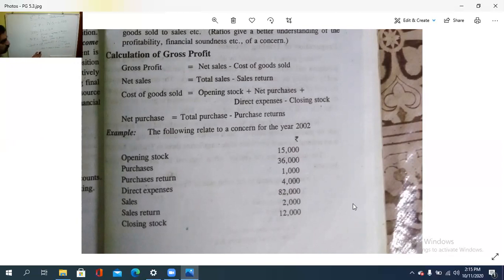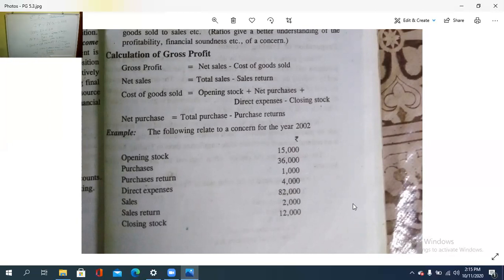So 35 plus 15, how much? 35 plus 10, 45, plus 5, 50, plus 4, 54. 54,000 minus 12,000, how much? 42,000 is the COGS. Cost of goods sold is 42,000.